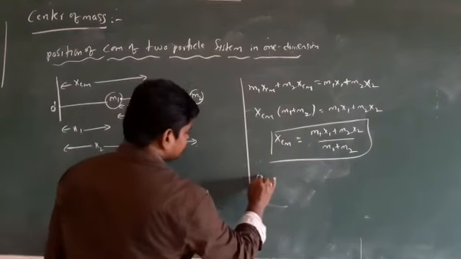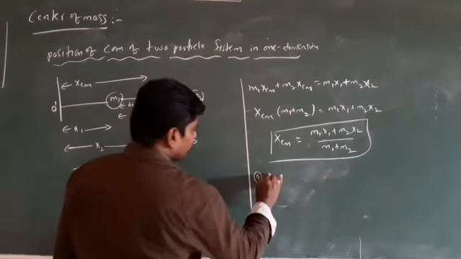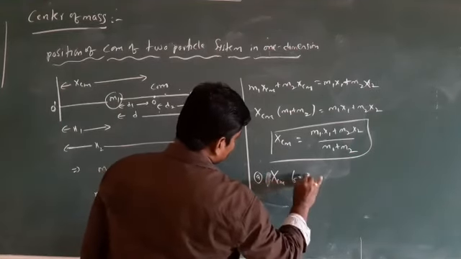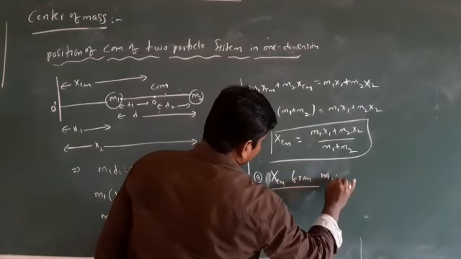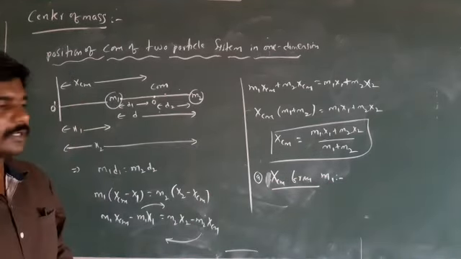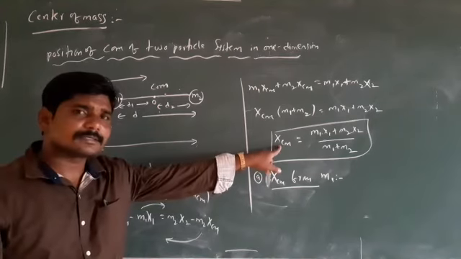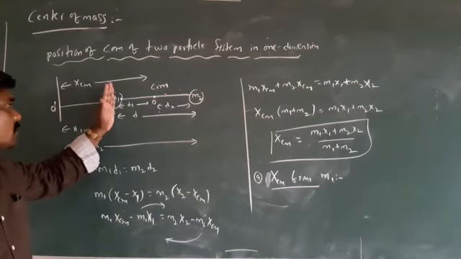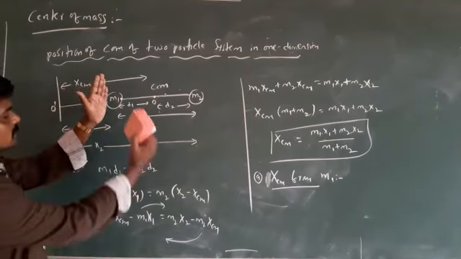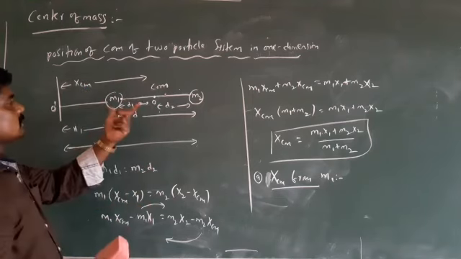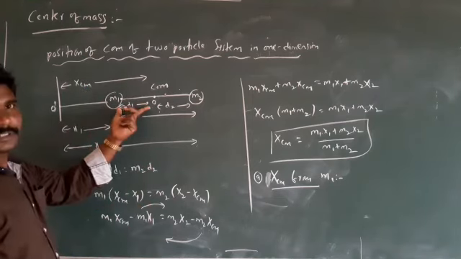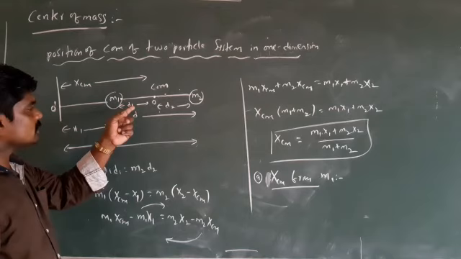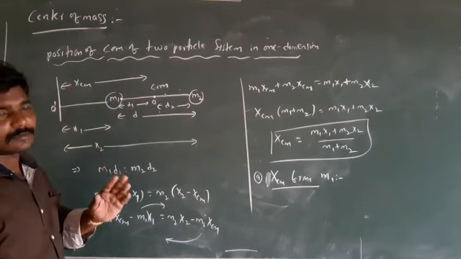Now, the position of the center of mass from m1 we have to calculate. That was the position of the center of mass from the origin. Now if you want to calculate the distance of the center of mass from m1, let d1 be the distance of the center of mass from m1.